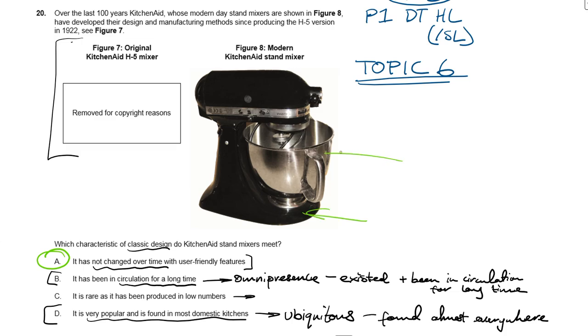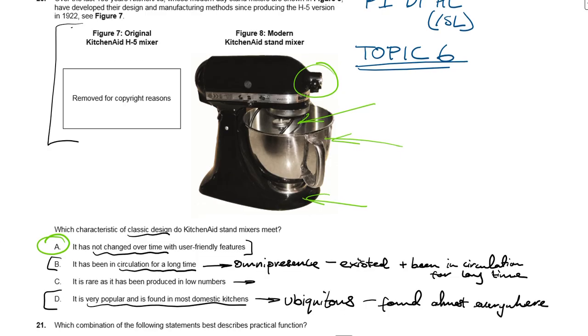We have the same silver stainless steel, and then we have the same sort of mixer design, and our button is the exact same shape, and so everything about this design is the same, right? It has not changed over time, with the addition of these more user-friendly features and a more compact shape.